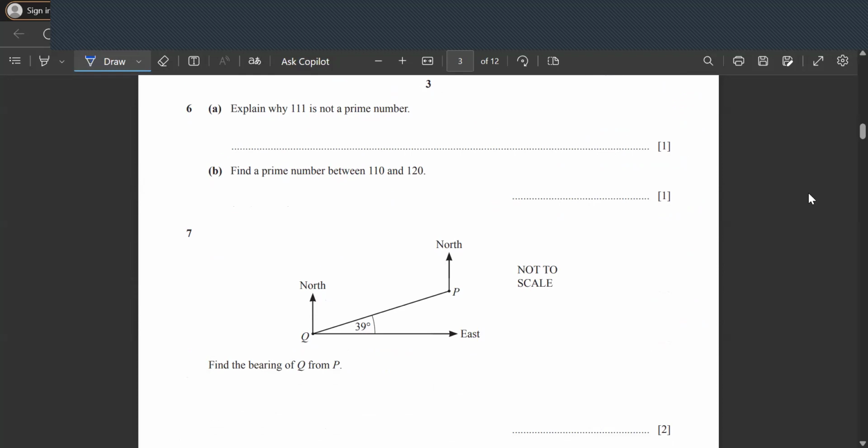To find a prime number between 110 and 120, if you cannot get it directly and you do not remember the prime numbers, first cross out the even numbers and the numbers ending with 0 and 5, because they are sure not prime. Then for the remaining numbers, try to divide by 3. If it divides, done. If not, it is a prime number. Okay? You got it?